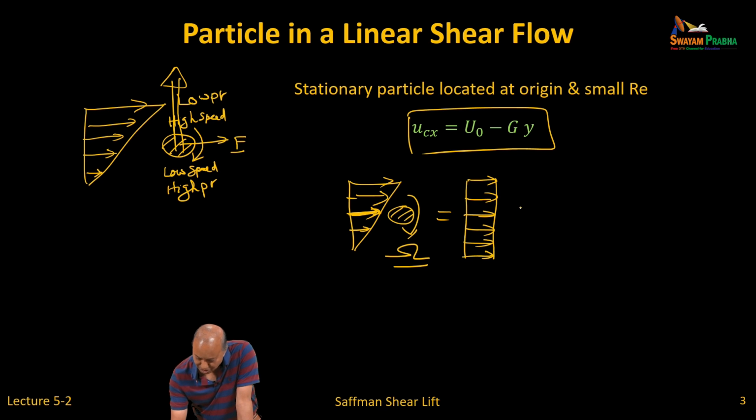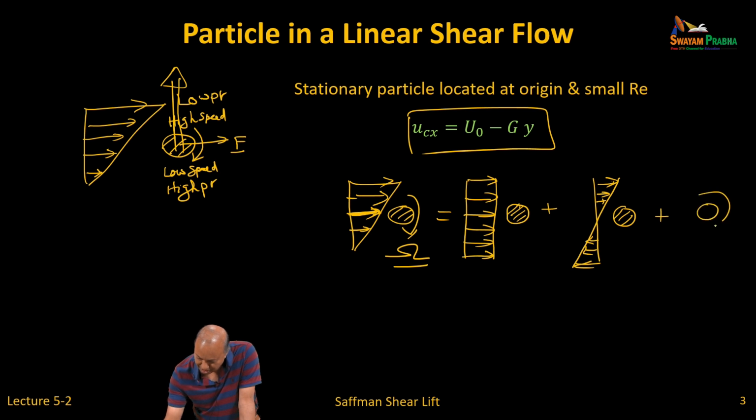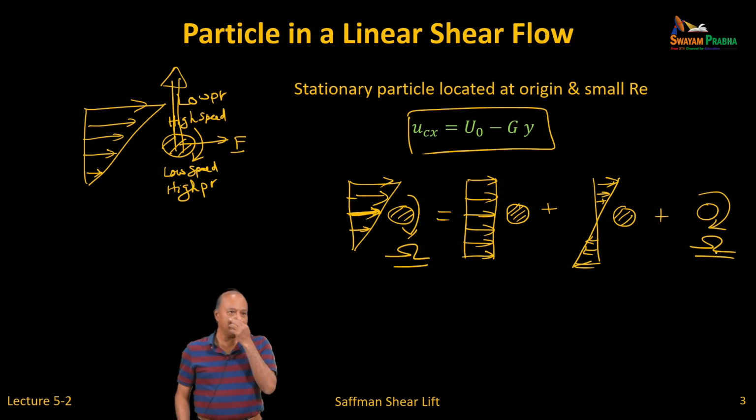So, I am going to break this into three problems: a uniform flow plus a shear centered about the particle plus there is no flow, just the particle is spinning. Right?